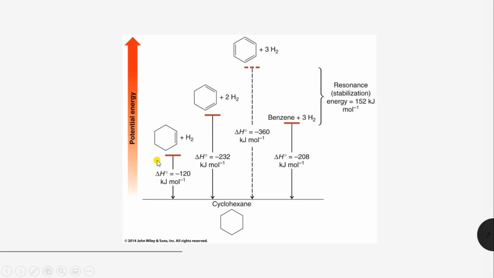So you can see that for cyclohexene, if the addition reaction happens, the energy barrier is very low. But on the other side, if we put another double bond in conjugation with the first one, then what would happen?